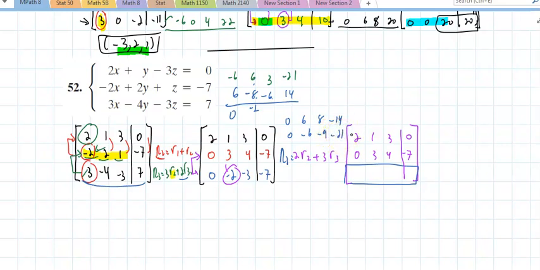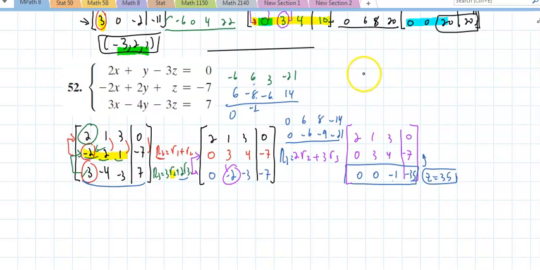And if I add those, I'll get a 0, 0, negative 1, and what is that? Negative 35. That says z equal 35 because negative z equal 35.